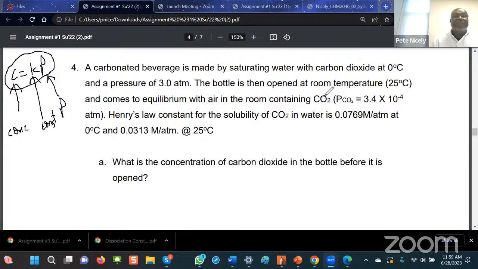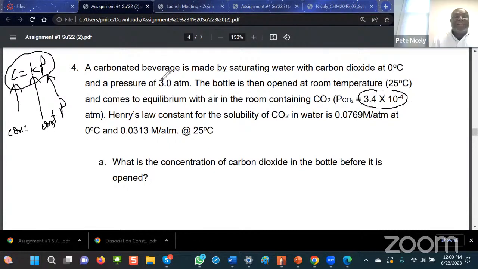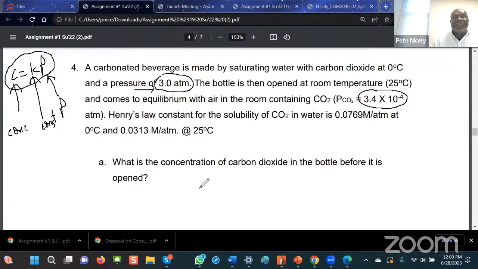Okay, well, wait a minute, you sure? Because there are 2 pressures given. You're given this one, and you're given this one. Exactly, because that's the one where the pressure is before you open up the bottle, right?